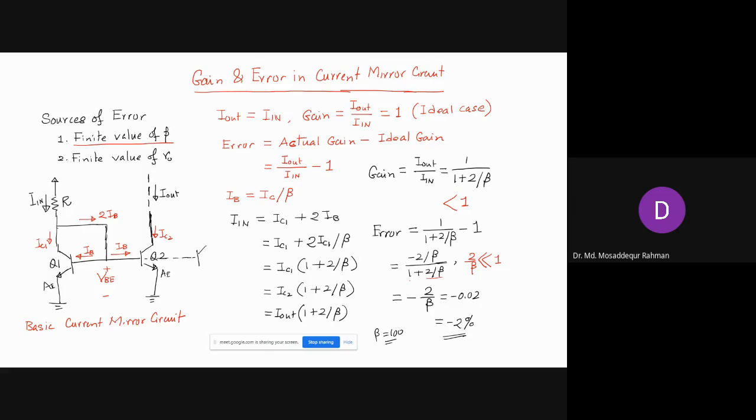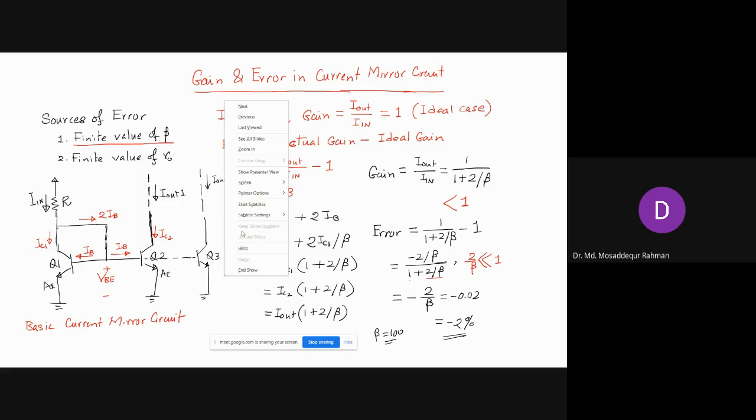So if you have one more transistor here, Q3, then what will be the error, right? Let's say this is I out 1, then you have I out 2, right?